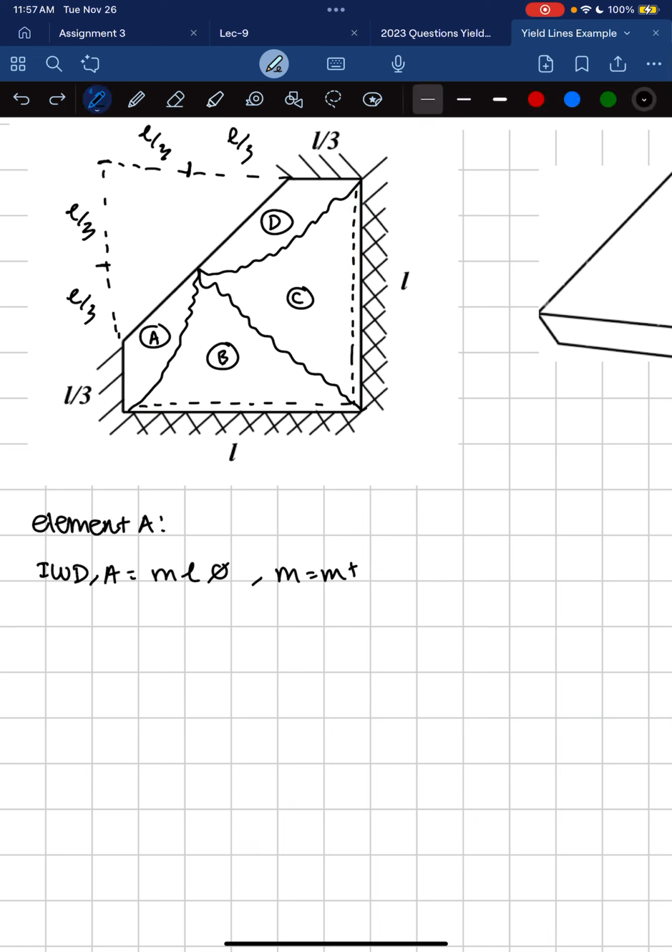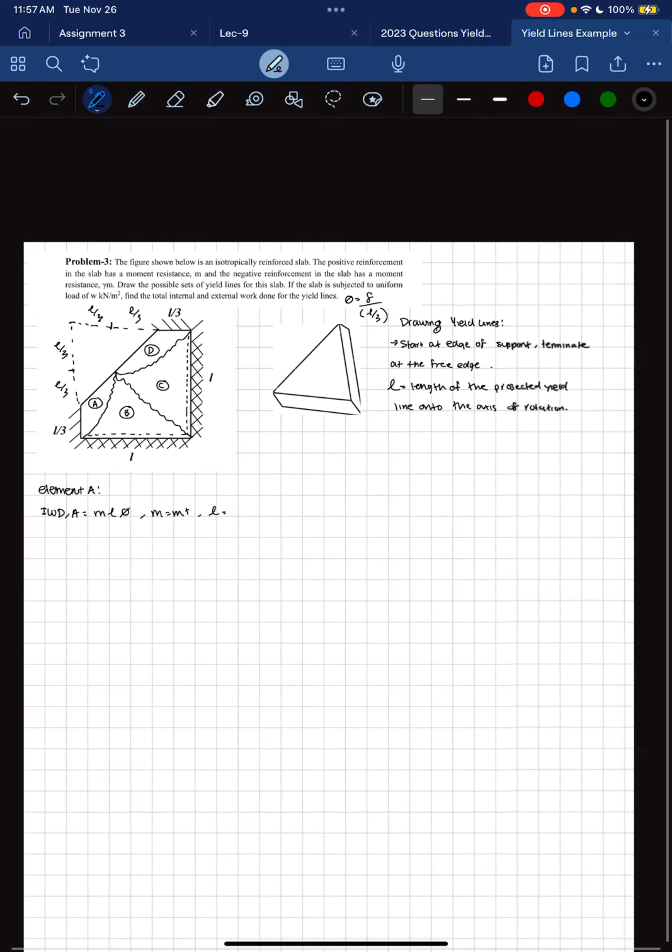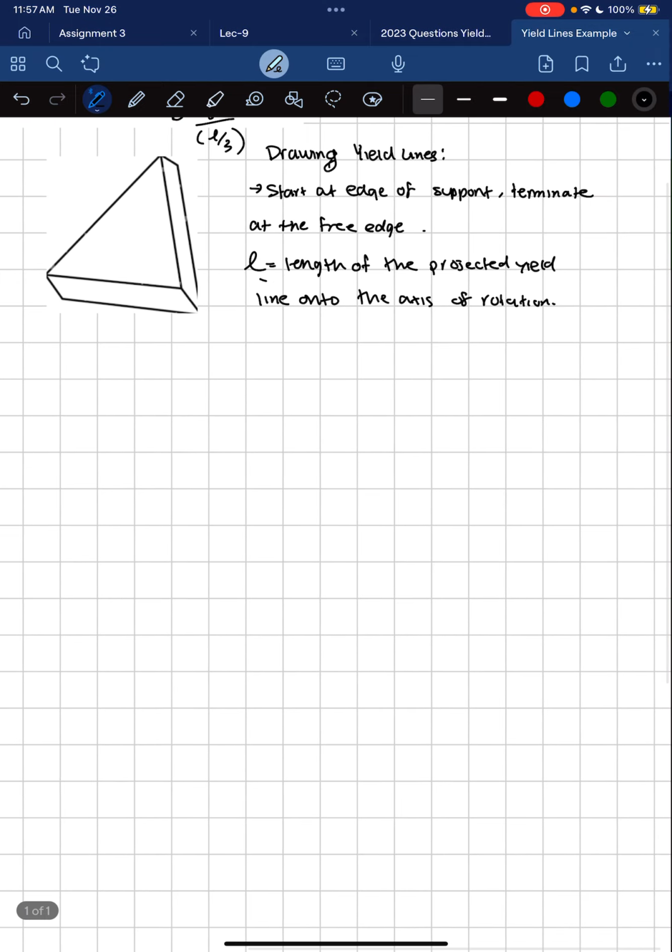And the calculation is going to involve adding both positive and negative moments. But we'll start with element A, which is along a pinned axis, so we only have m positive here. Then I wrote down my internal work done equation, m L theta, then L. The definition of L is the length of the projected yield line onto the axis of rotation.